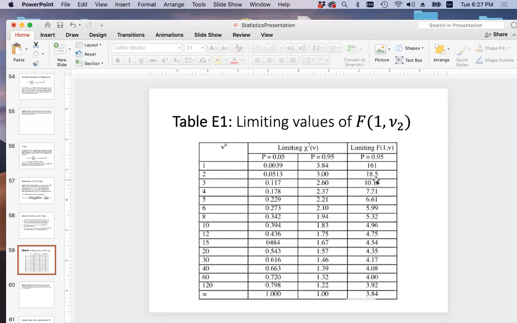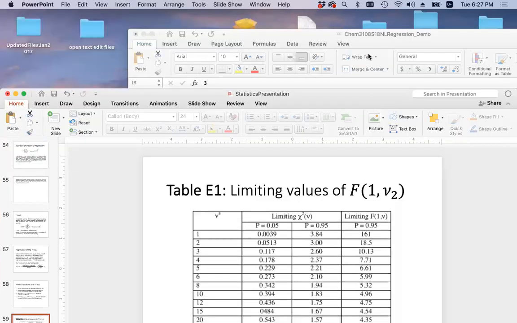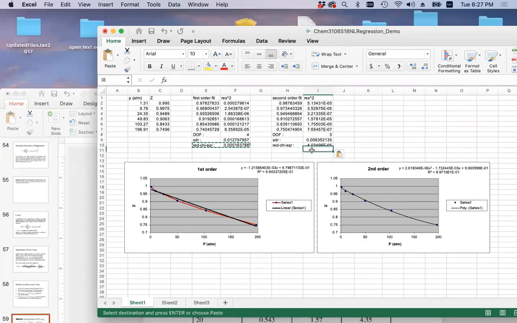And the F value is 10.13. So let me type that here, 10.13. I'm going to label that as the limiting F test value, F value maybe, is 10.13.